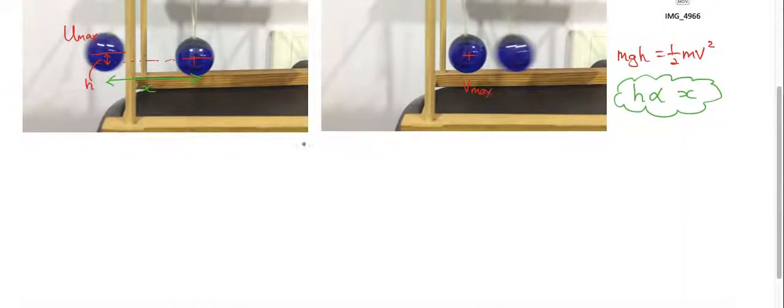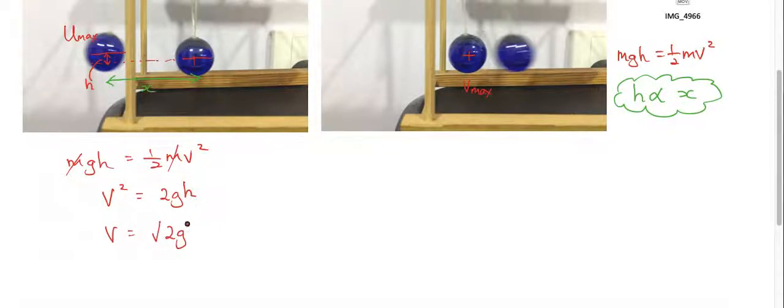Right? Now, as you may be aware, in this equation of mgh equal to kinetic energy, the mass can actually be cancelled out. The v squared is actually 2gh, or v is actually the square root of 2gh. If I know the height h, I will be able to find out the kinetic energy, v.